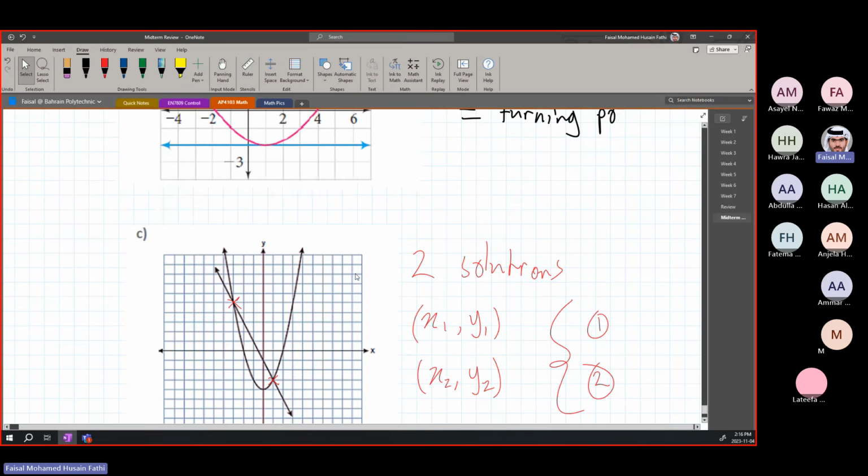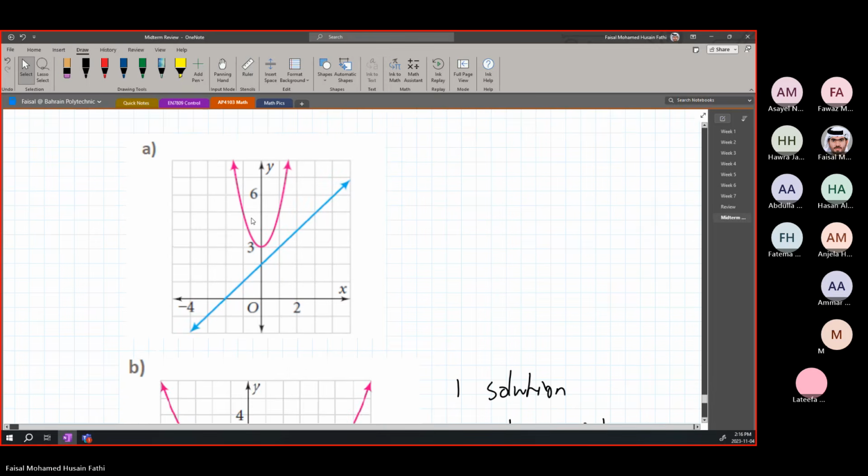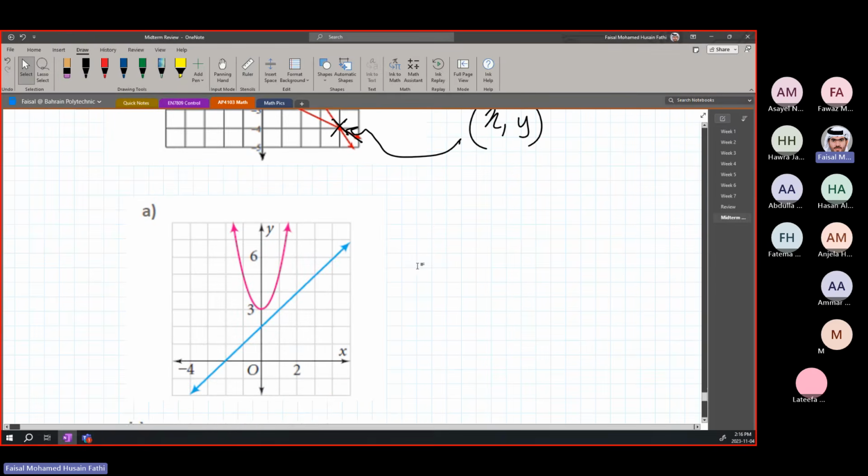In a bit, I'll take a break, but first I'll re-explain this. Now, part A, the reason this is no solution: if you notice, there is no intersection. The pink line doesn't hit the blue line at any point. The pink line will keep going upwards and the blue line will keep going sideways.